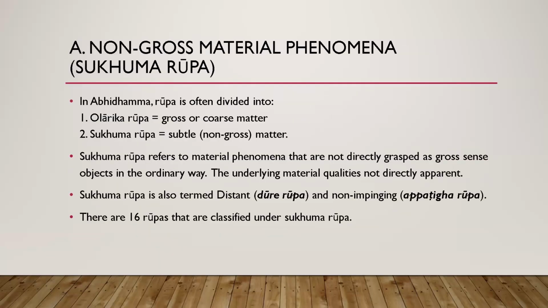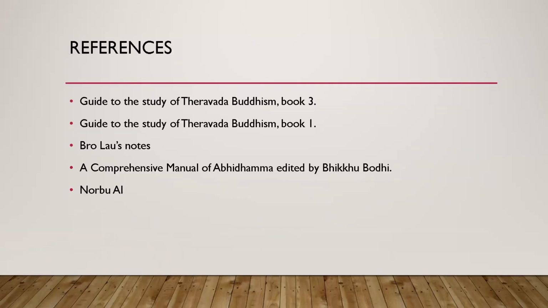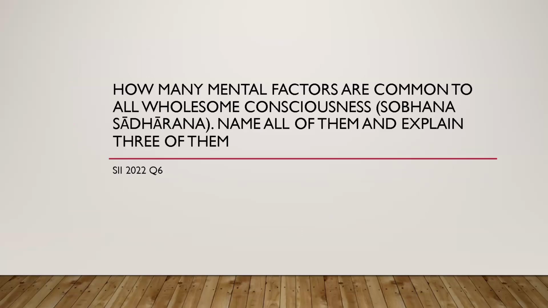My last one is how many factors are common to all wholesome consciousness. I'll explain three of them. Okay, I was wondering, I thought you had to explain all of them. No, I already took the shortcut because there is very little time. Explaining three means explaining three only.